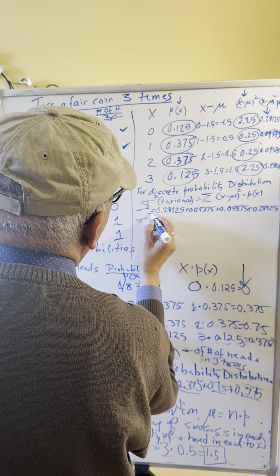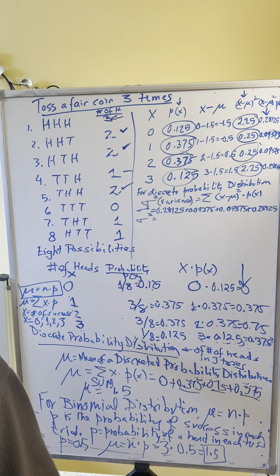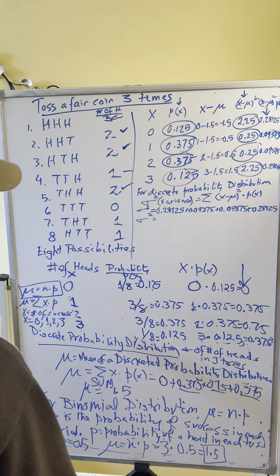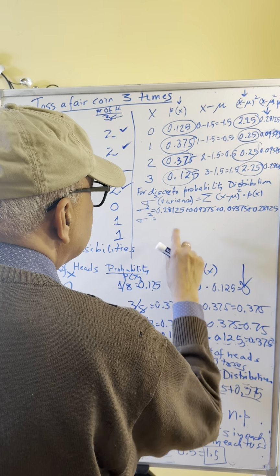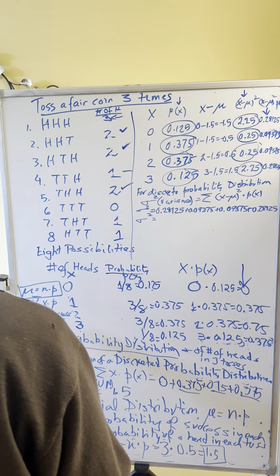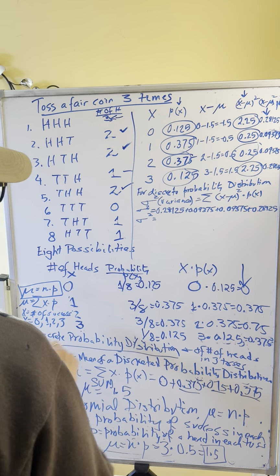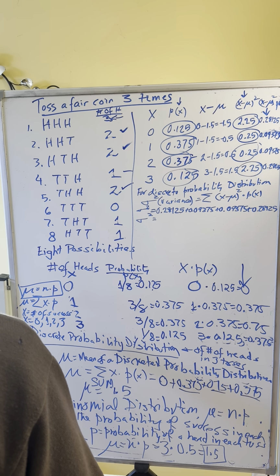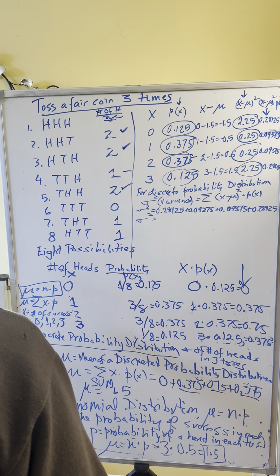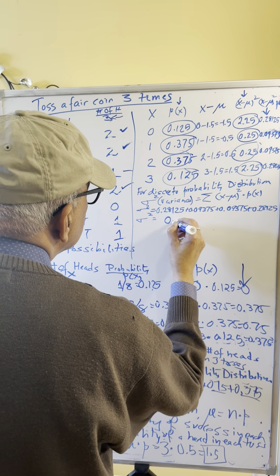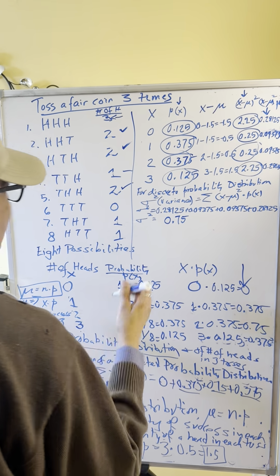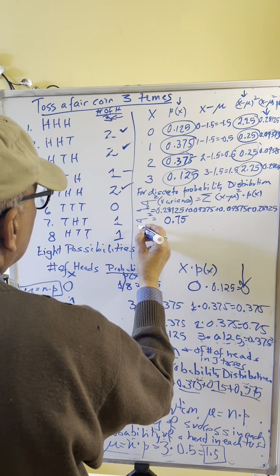So sigma square will be equal to 0.28125 times 2 plus 0.09375 multiplied by 2, and the answer is 0.75. How does it match up with the formula?